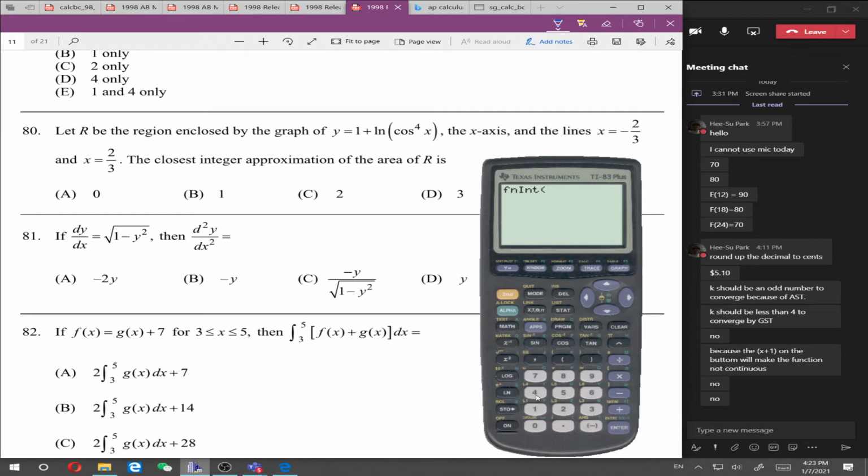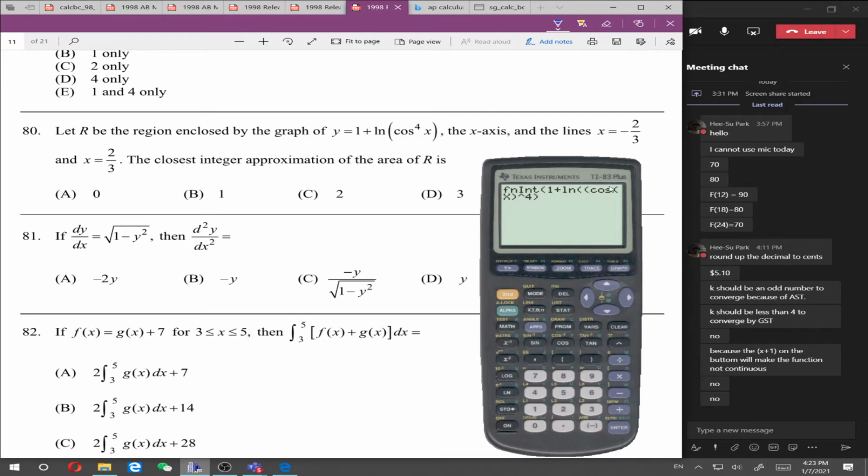Okay, you're right. I'm going to write those up for my last part of this, though, because of the way the calculator works. What am I integrating? 1 plus natural log cosine 4th power x dx. Natural log.